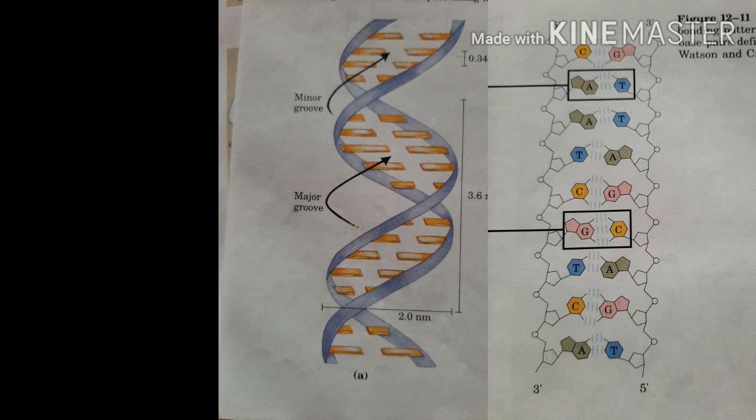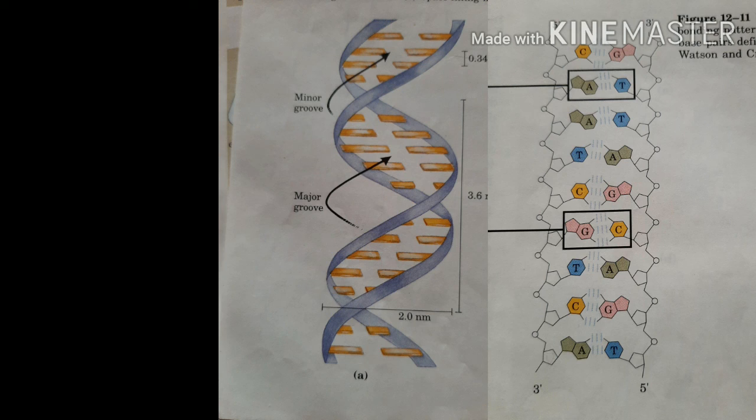That means one purine combines with one pyrimidine, and that happens in such a way in all DNAs, regardless of the species. Whichever species the DNA may belong to, the number of adenine residues is equal to the number of thymine residues.